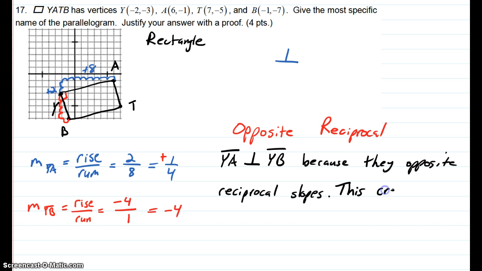This creates a 90-degree angle, which makes YATB a rectangle.